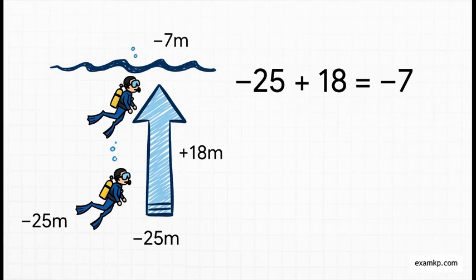Now we have different signs. So what's the rule? We subtract the smaller number from the larger one. 25 minus 18 is 7. And since the larger number, 25, was negative, our answer is negative 7. So, his new depth is 7 meters below sea level.